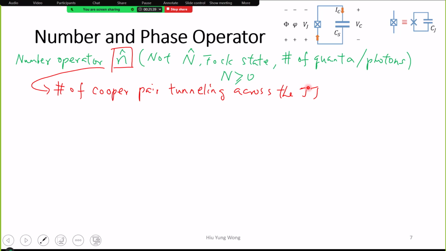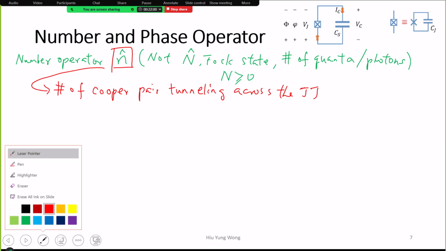It basically says how many Cooper pairs tunnel across this JJ. Sometimes we can say it is the extra number of Cooper pairs in this box, in this island. If you have one extra Cooper pair tunnel through it, then you have one extra Cooper pair here, right? So what is the possible value of small n then?